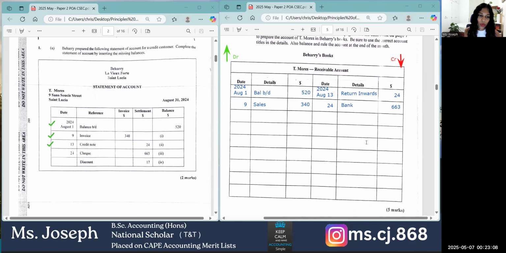Whenever you see check, you record it as bank. Nice and easy. Then the last one here, we have the discount. This will be a discount that we are allowing to our customer. It means that he's going to owe us $17 less. Same date, just put it in, and then you see discounts allowed.